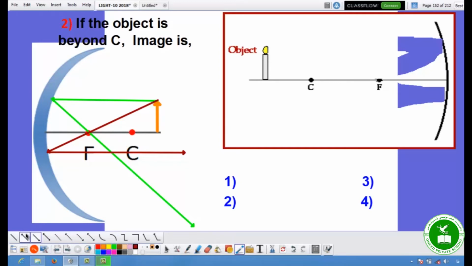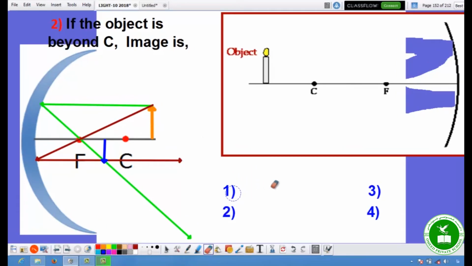Now let's draw the image here. This is the image. You see the image is inverted, it is smaller, and it is real. How do we know it is real? It is real because only real rays intersect each other to form this image.